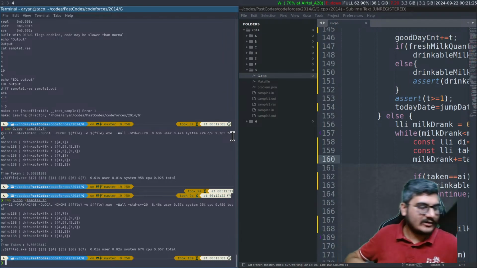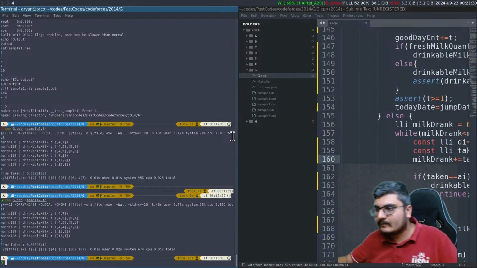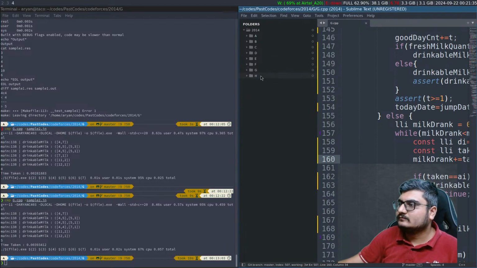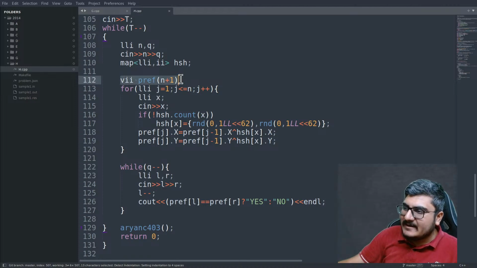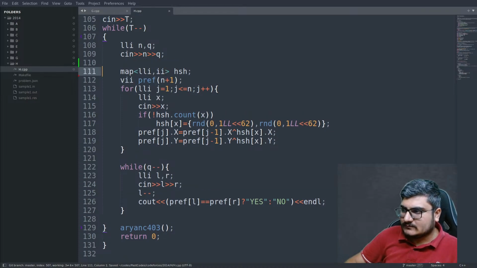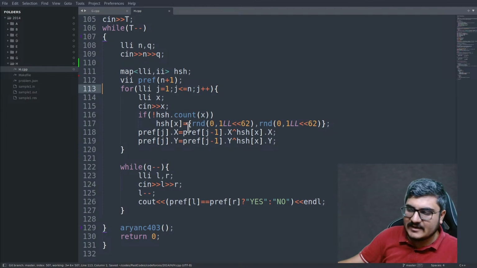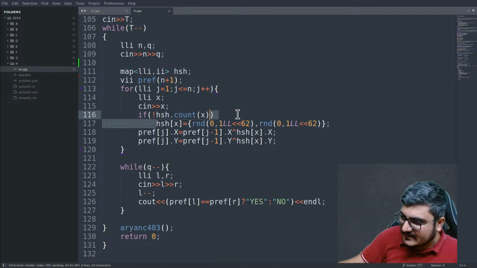And I will show my code as well. I am maintaining 2 numbers for each value, and an XOR for each number. As I read the input, if I have not assigned any number to X, I assign 2 random numbers to it, and then take the prefix XOR of these random numbers.